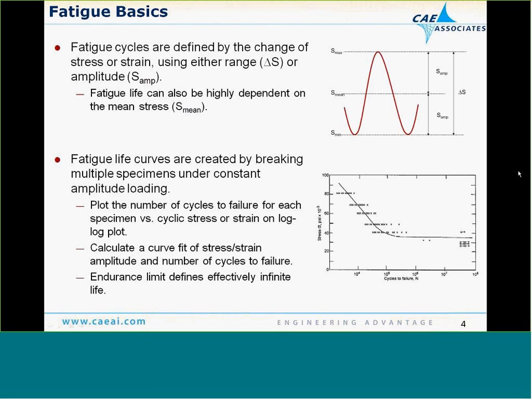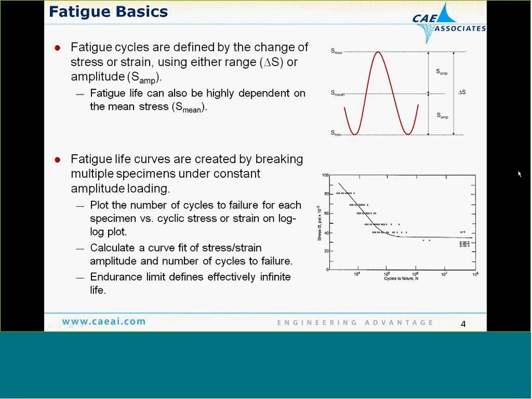Now, when we typically perform fatigue analyses, we have to base that on some fatigue test data that's usually provided for many materials. And fatigue life curves, as shown here on the bottom right of this figure, are typically done by doing constant amplitude loading, typically at a mean stress of 0.